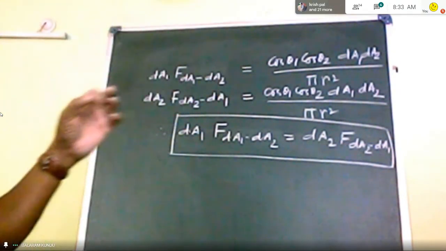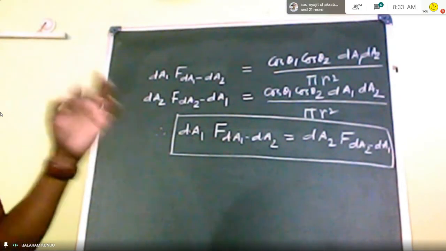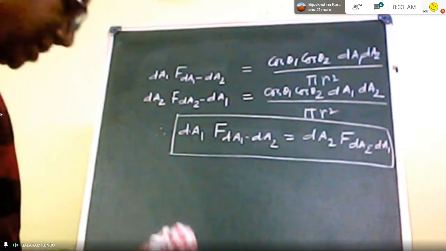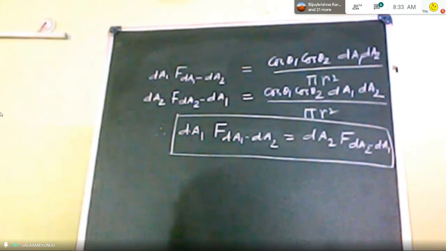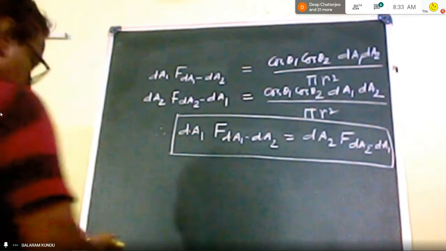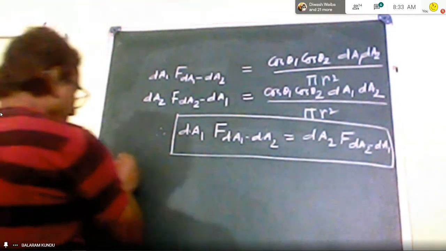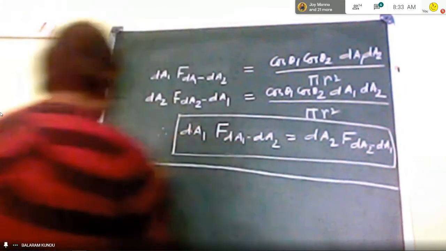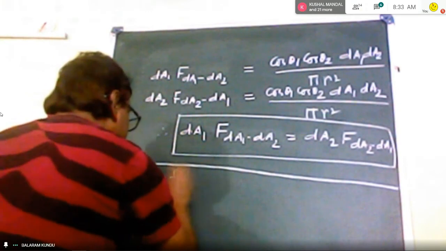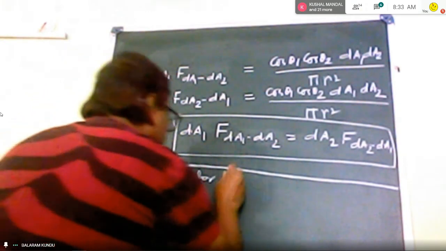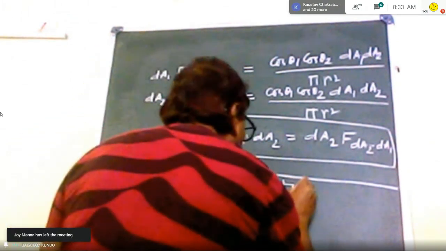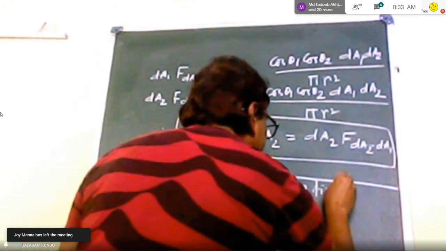If the surfaces are not elemental but finite, we want to derive the mathematical expression for the shape factor between two finite surfaces.